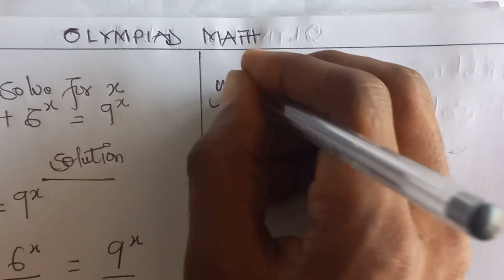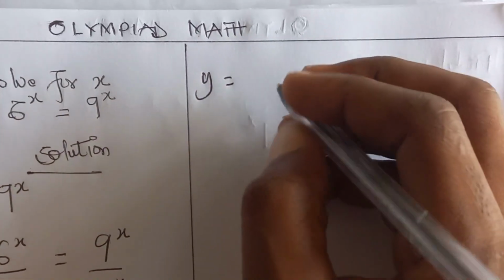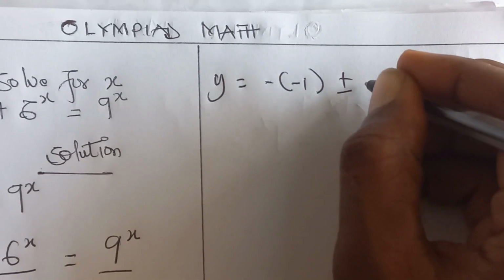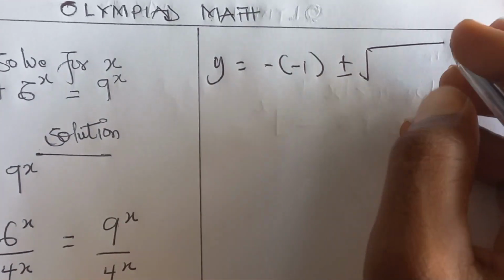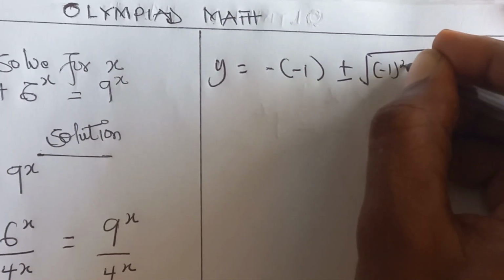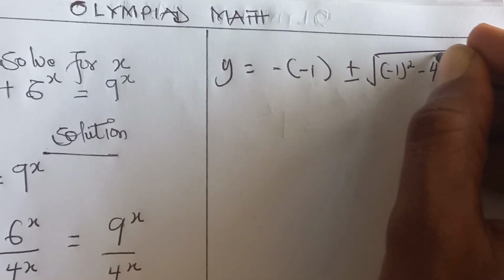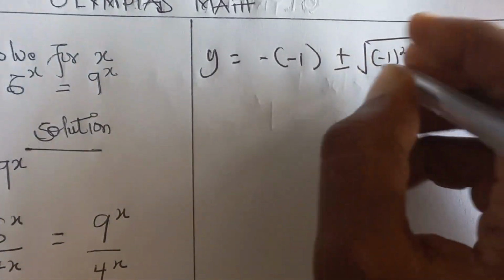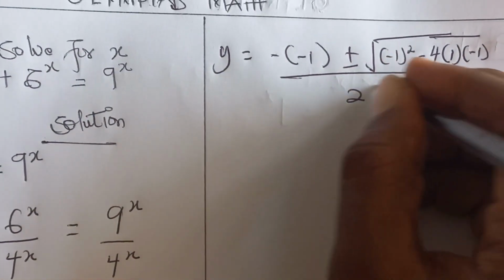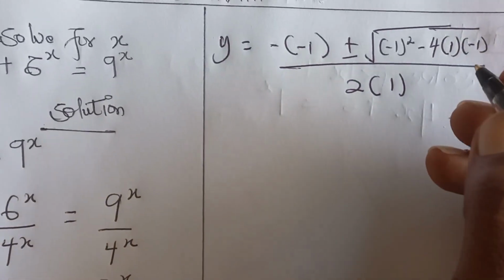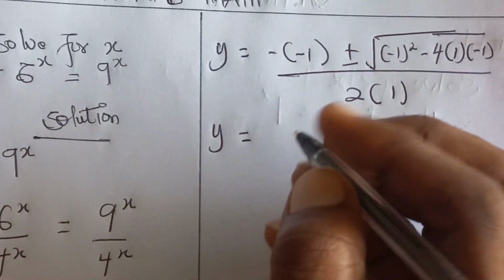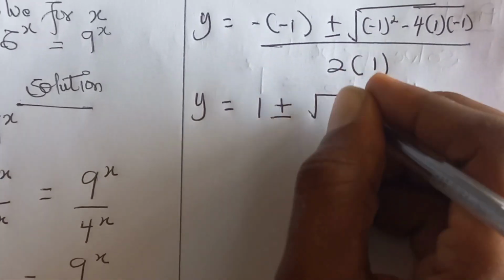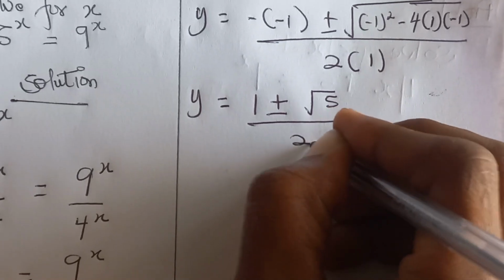So we get y is equal to minus (minus 1) plus or minus root of (negative 1) all squared minus 4 times (1 multiplied by negative 1) all over 2 multiplied by 1. So we are going to get y is equal to 1 plus or minus root of 5 on 2.